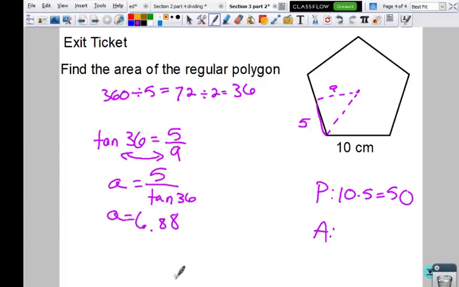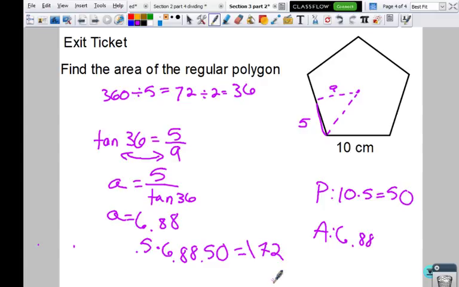What's our formula going to look like now that we've got our apothem? 0.5 times 6.88 times 50. All right, the answer is what? What'd you get for your final answer? 172 square. 172. Did you round it? It's just 172. Oh, that's nice. Centimeters squared. All right, that's it.